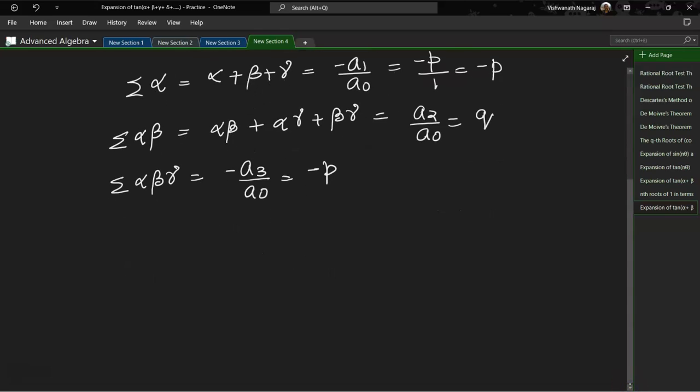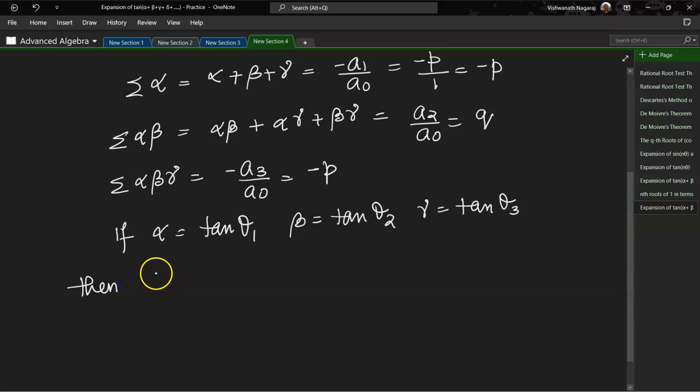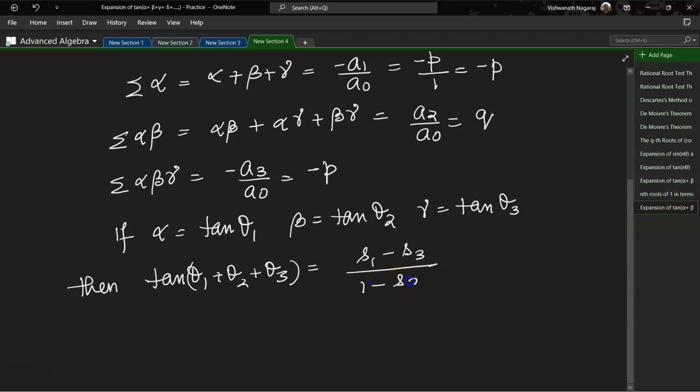Now let's say that if alpha is equal to tan theta 1, beta is equal to tan theta 2, and gamma is equal to tan theta 3, then tan of theta 1 plus theta 2 plus theta 3 is equal to, we know this, S1 minus S3 by 1 minus S2.